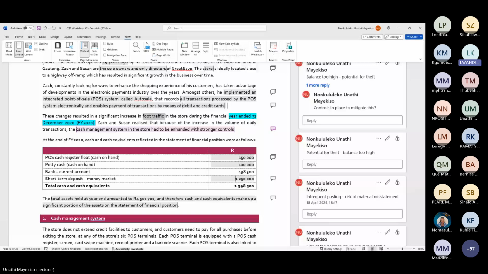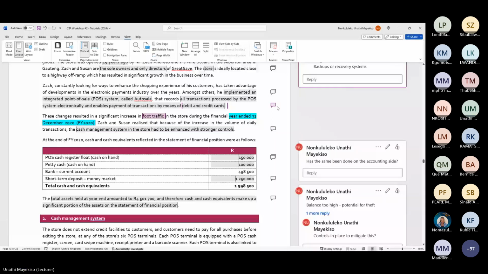On my side, in that month there may be possible stock that might be missing. So can't we consider a risk there for that month because the store is a bit crowded, if I'm reading it correctly? Okay, so we want to know the controls around the foot traffic and the security guards, right?